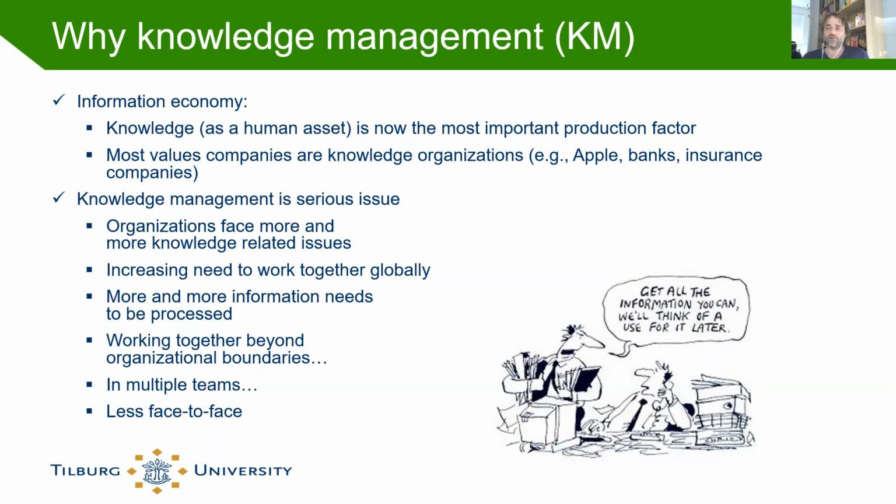Most of you will not actually make physical stuff, but you deal with information. So knowledge is basically the most important production factor for us, but also in the economy as a whole. And the most valued companies in the world are really knowledge organizations. Apple, banks, insurance companies, Facebook. They all have products which mainly relate to information, even Apple.